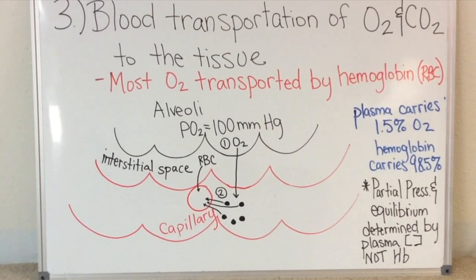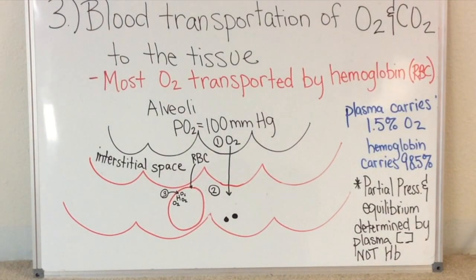As the plasma comes into contact with a red blood cell, the oxygen is diffused into the red blood cell due to a concentration gradient of low oxygen within the red blood cell and higher oxygen within the plasma. As these oxygen molecules are brought into the red blood cell, they attach to the heme group of the hemoglobin and no longer contribute to the concentration gradient.